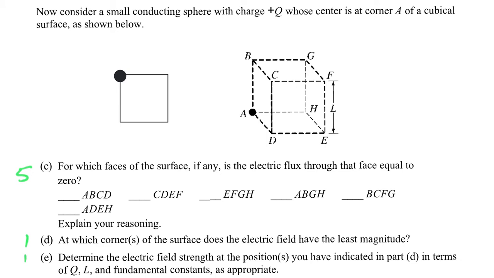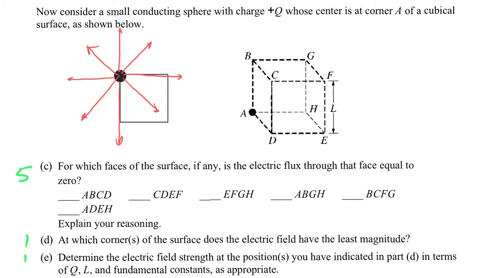And the electric field leaves the charge in a pattern like so in all directions. Does that help you kind of see which surfaces are going to have no flux and which ones aren't?